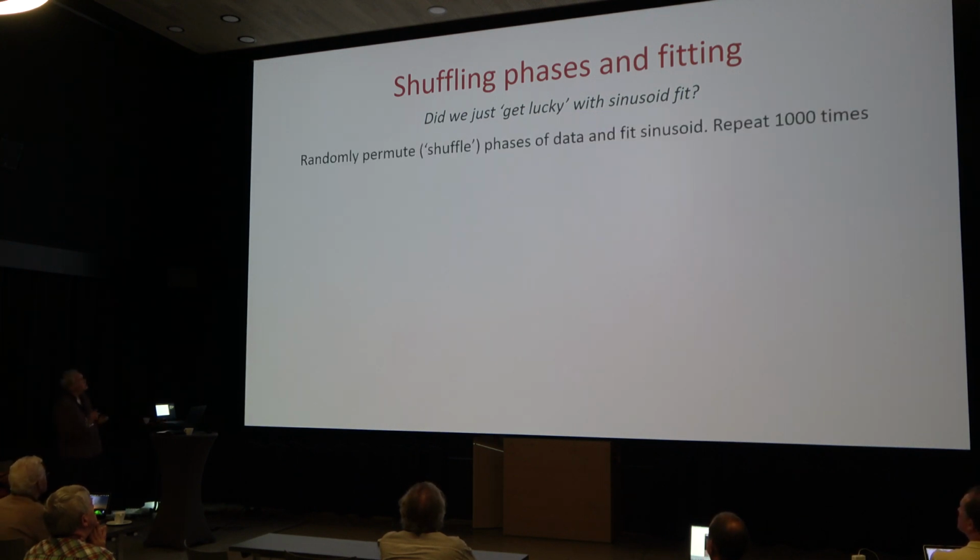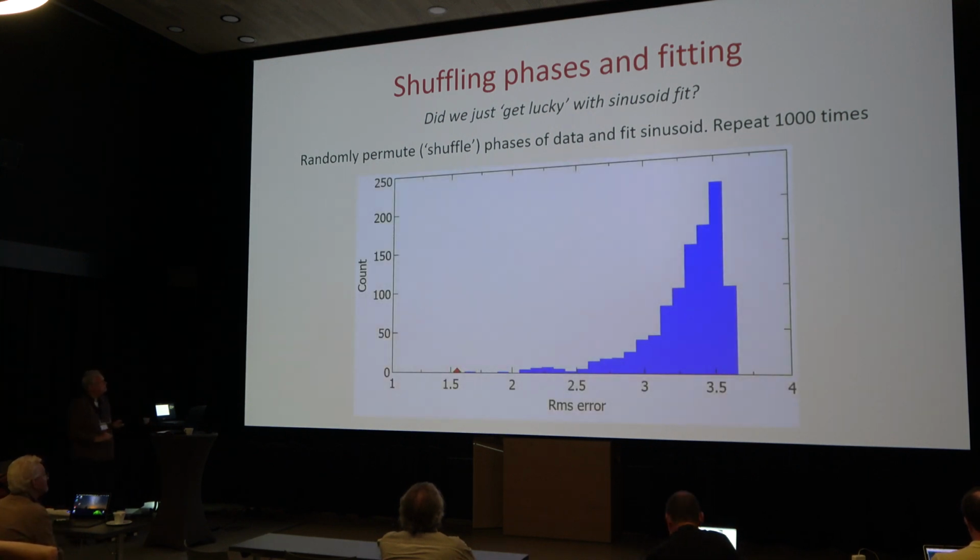So what I did is I took my data, didn't change the values, but I shuffled the phases around randomly. Okay? And if you do that, here's an instance, 1,000 times, you end up with a histogram here of the RMS error for the best fit.